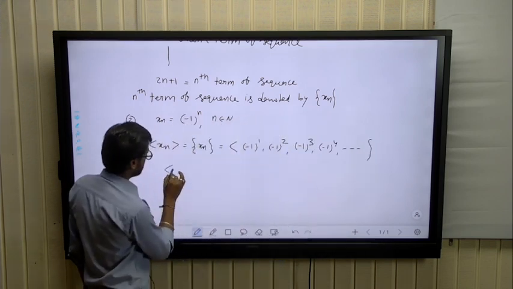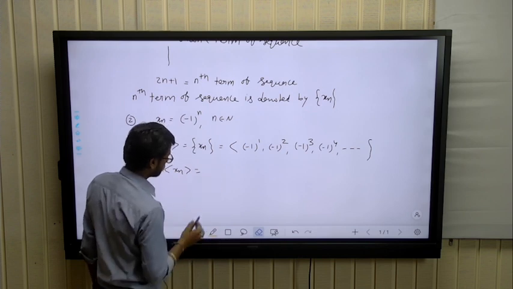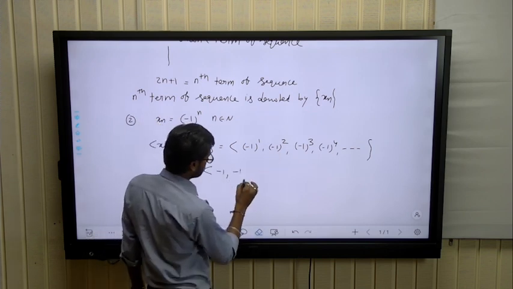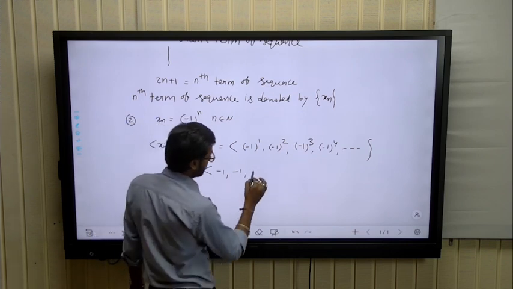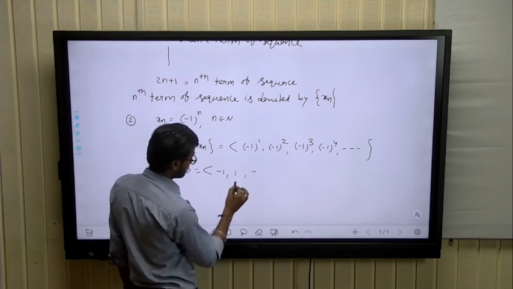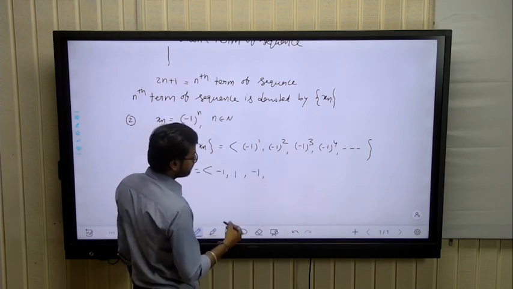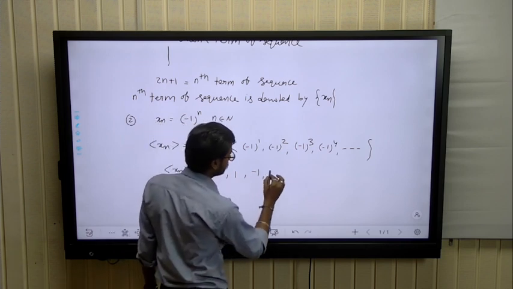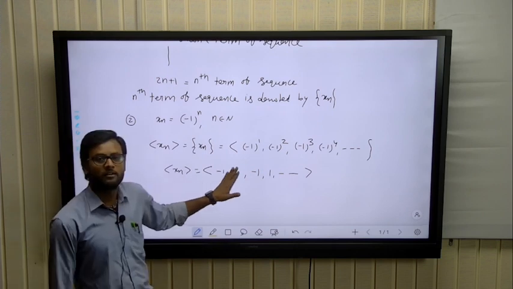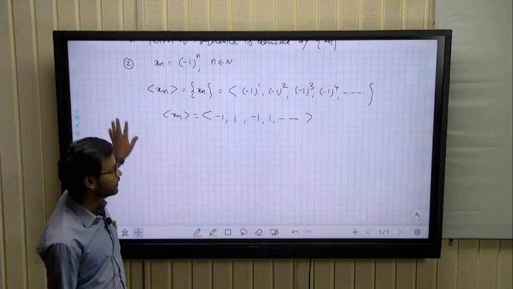So the terms are -1, 1, -1, 1, and so on. Okay, so this is the terms of a sequence. So we studied how we write the terms of a sequence.